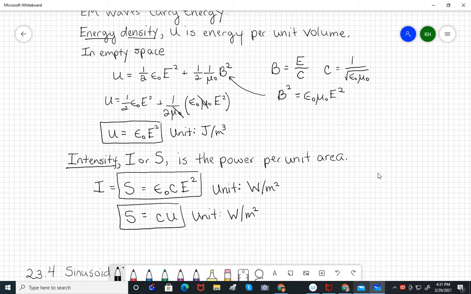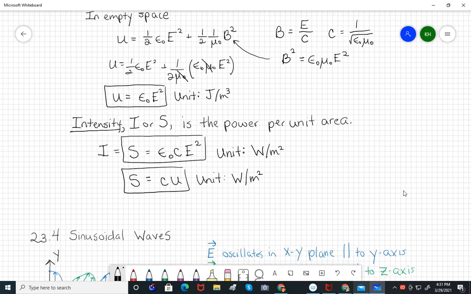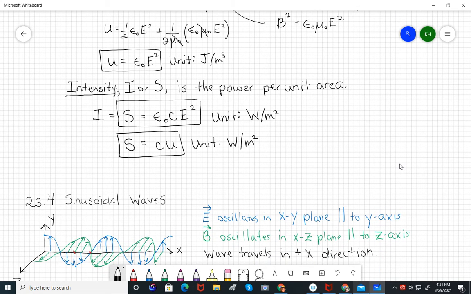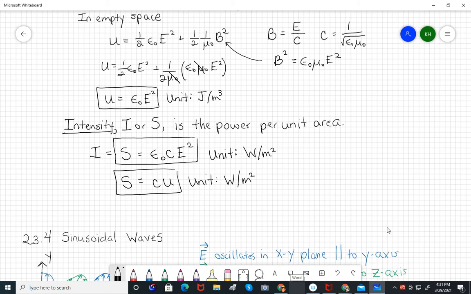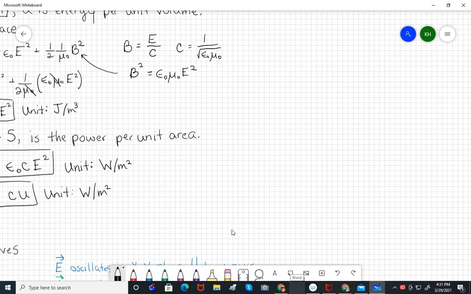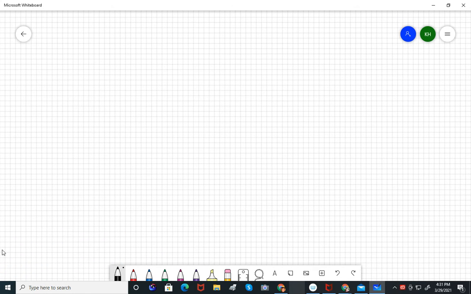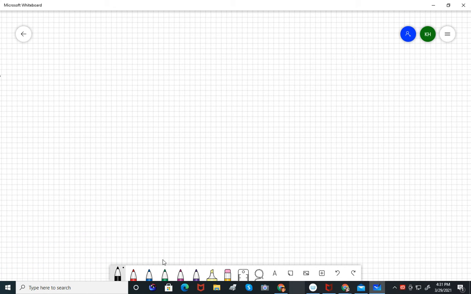Now, all of these formulas that we found so far are for an instantaneous value.